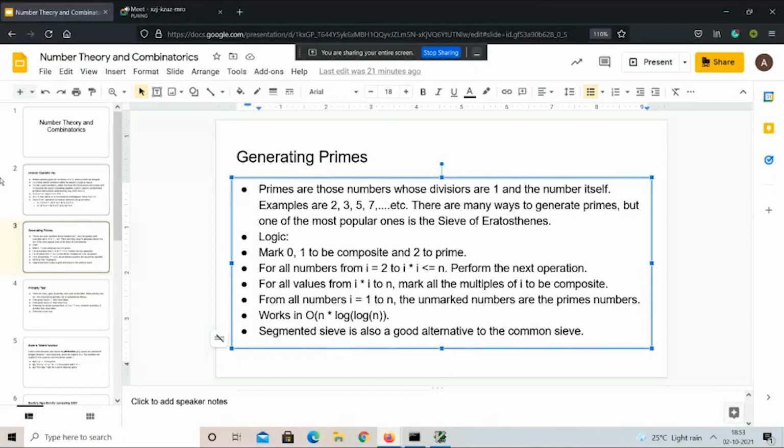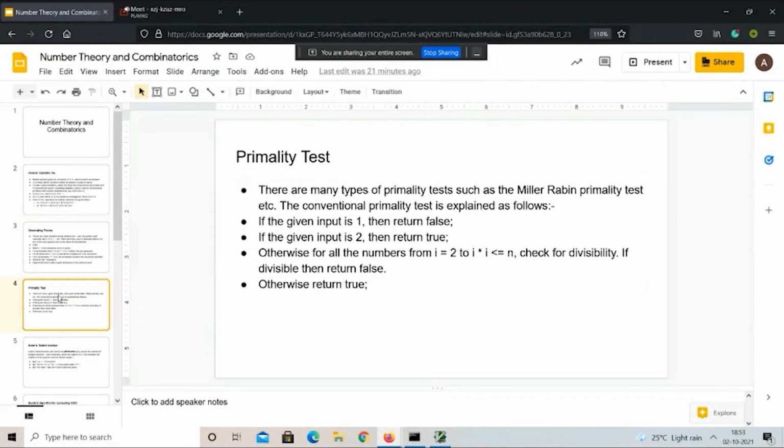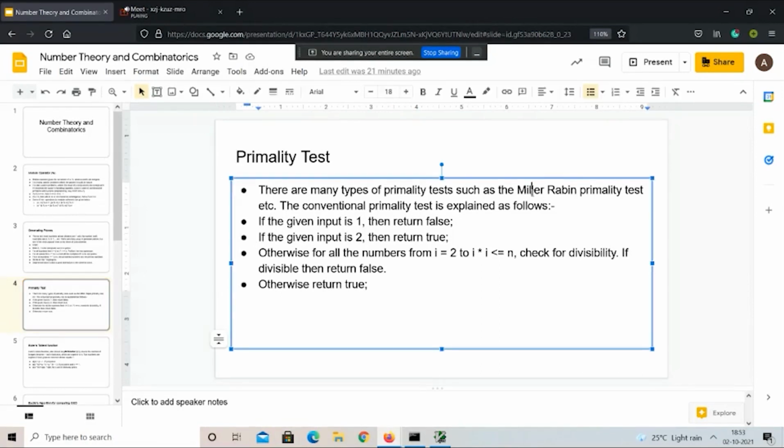Next thing, another primality test. There are a lot of primality tests, deterministic and non-deterministic. You need not worry about these jargons like deterministic and all. There are tests like the Miller-Rabin primality test. These are basically probabilistic primality tests.